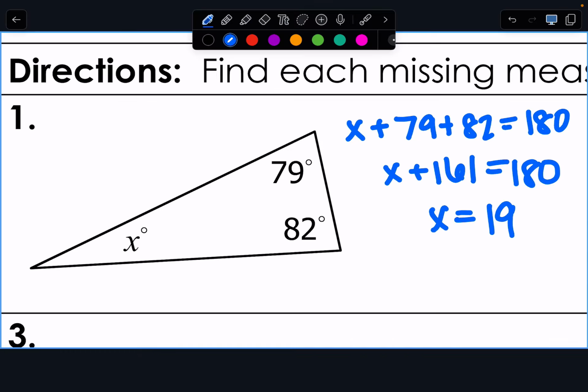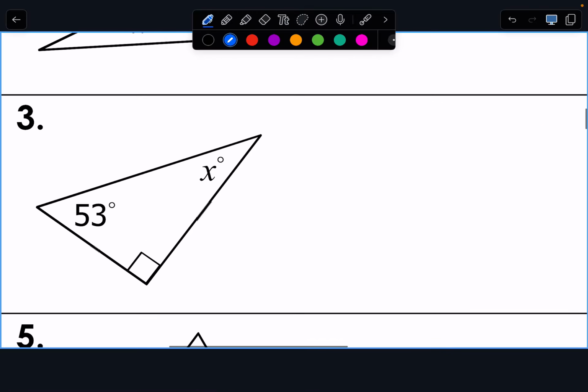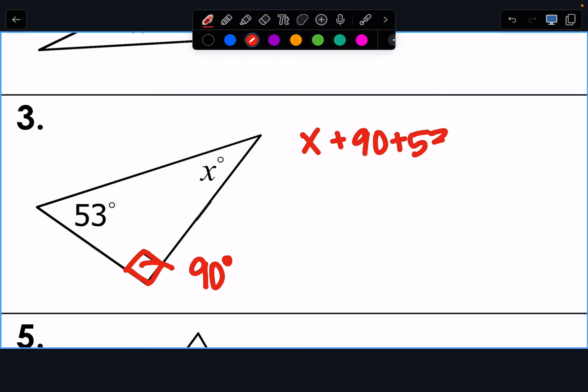Okay. Now, in number 3, what does this mean? Okay, the box always means 90 degrees. So this is x plus 90 plus 53 equals 180.